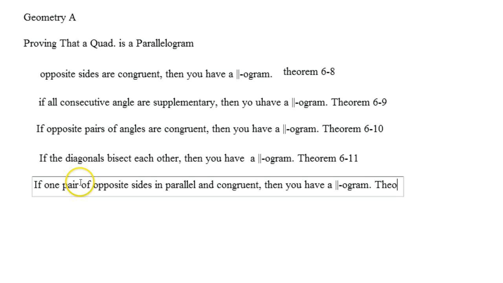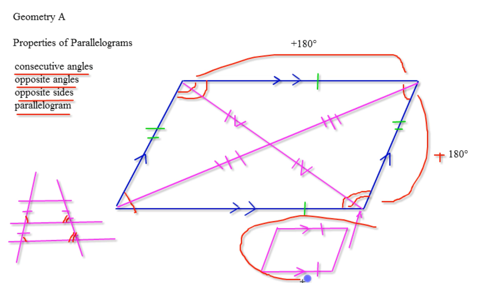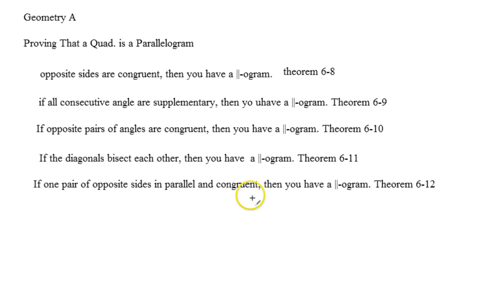Okay, and that is theorem 6-12. Okay. All right, so those are the theorems we'll be using with this one stuff. Okay, and the one that I'm specifically talking about is this one right here. If you have this situation, then you're dealing with a parallelogram. Okay? All right.